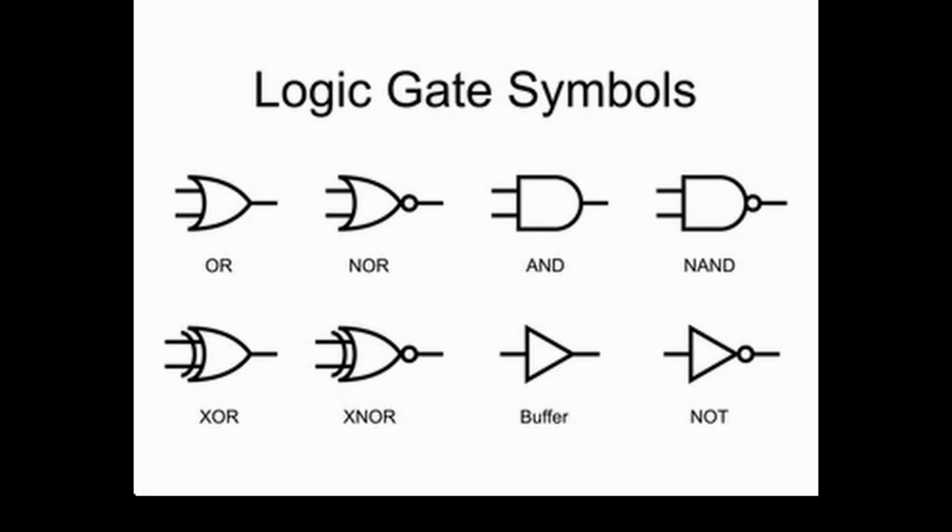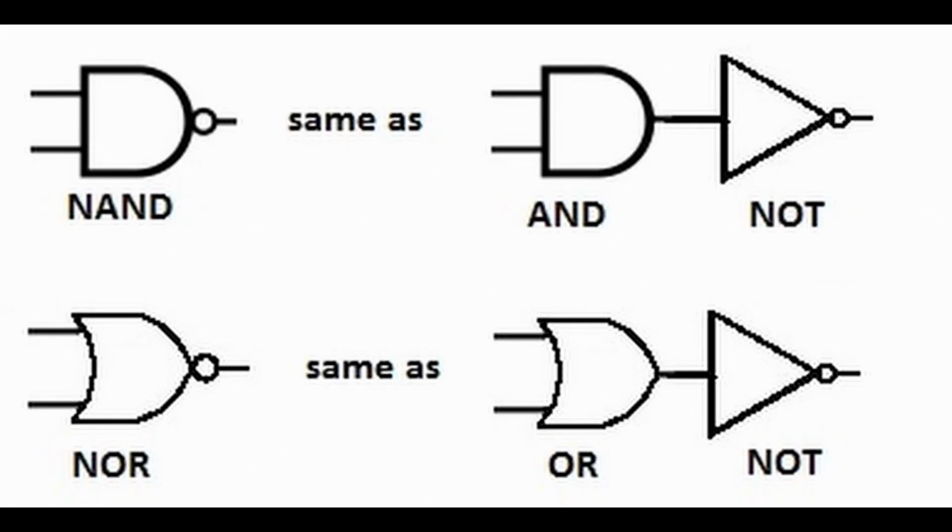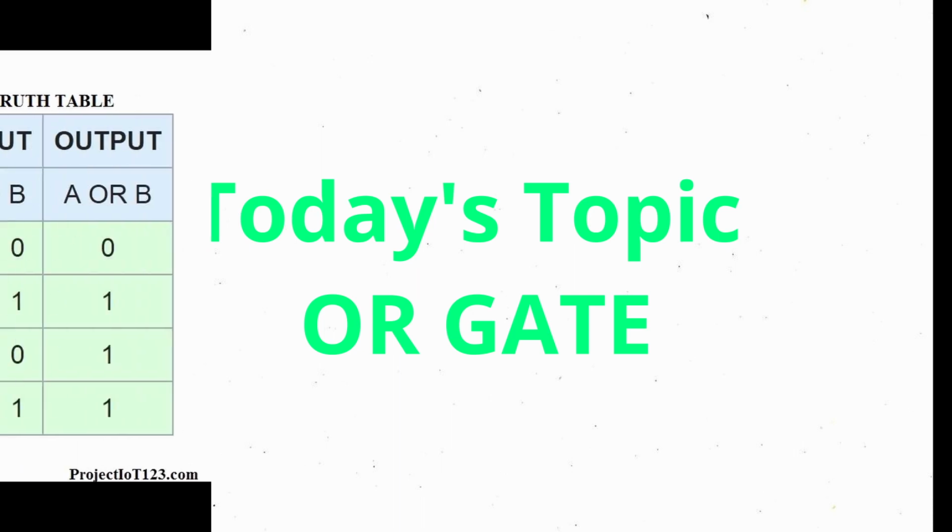There are some other logic gates as well, like NAND, NOR, XOR, etc. But they are all combinations of these three basic gates only. Today in this video we will discuss the OR gate and try to construct it using diodes and resistors.